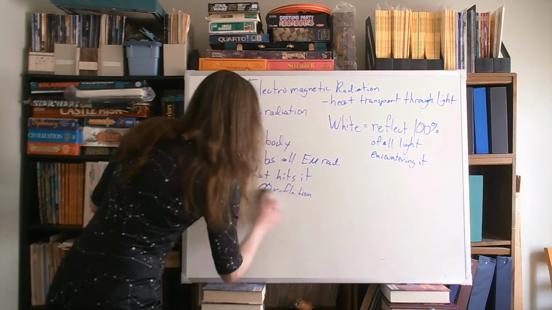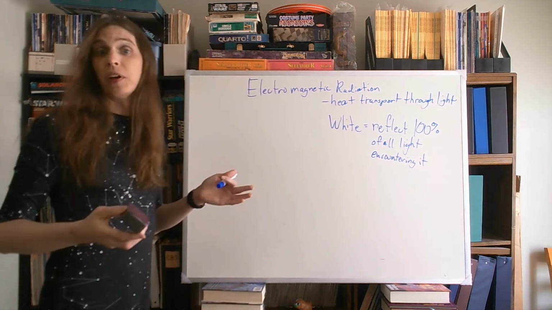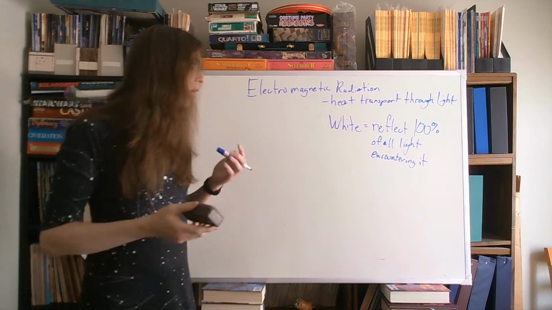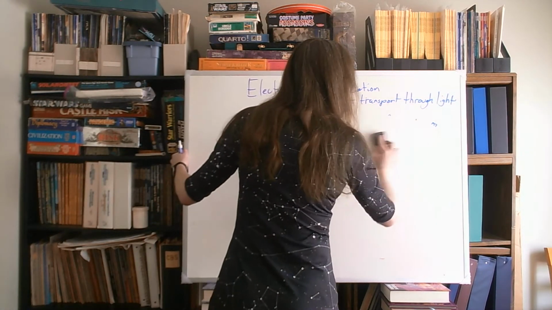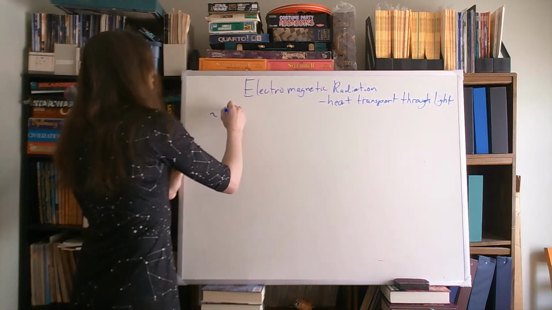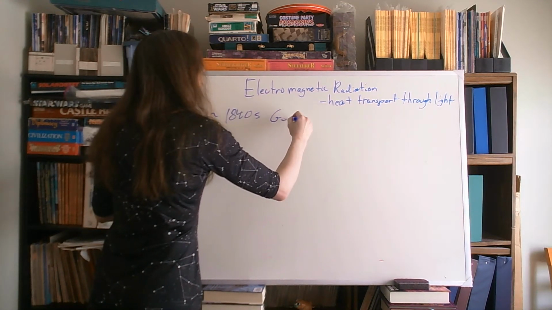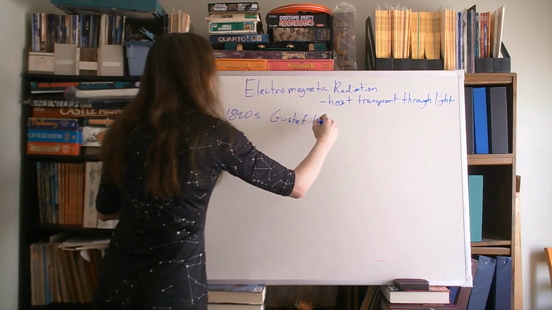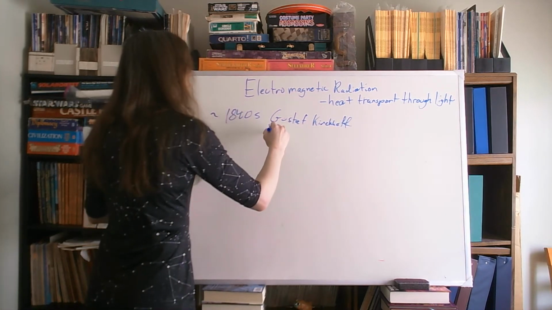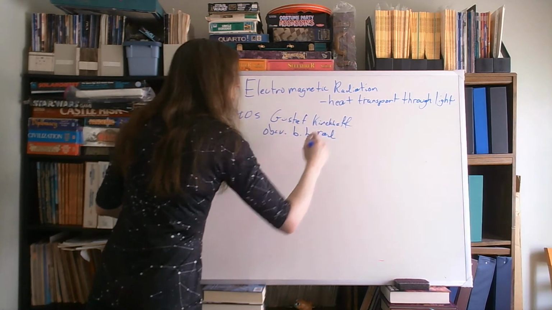Well, folks started observing and describing black body radiation in the 1800s. And so the history lesson here goes something like this. In the 1840s, there's a guy named Gustav Kirchhoff who observed black body radiation.